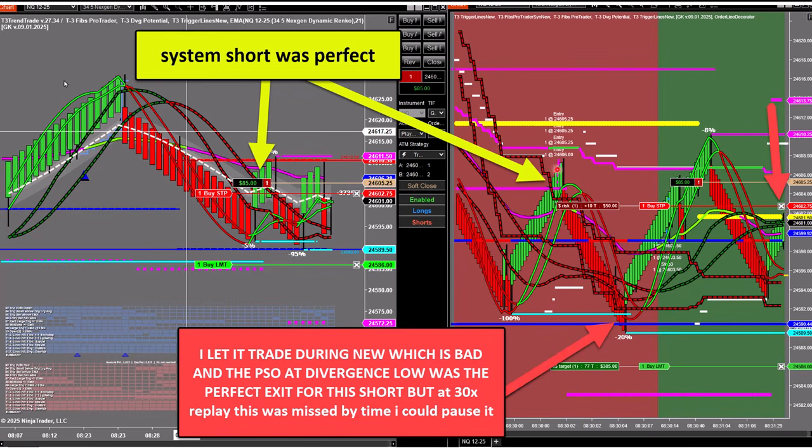So this all happened in like a millisecond at 30 times replay speed. But the rules are still the same. Had you gotten in, and this wasn't news, divergence, pivot stop out at fibs is the perfect exit. Don't take any more trades after that.